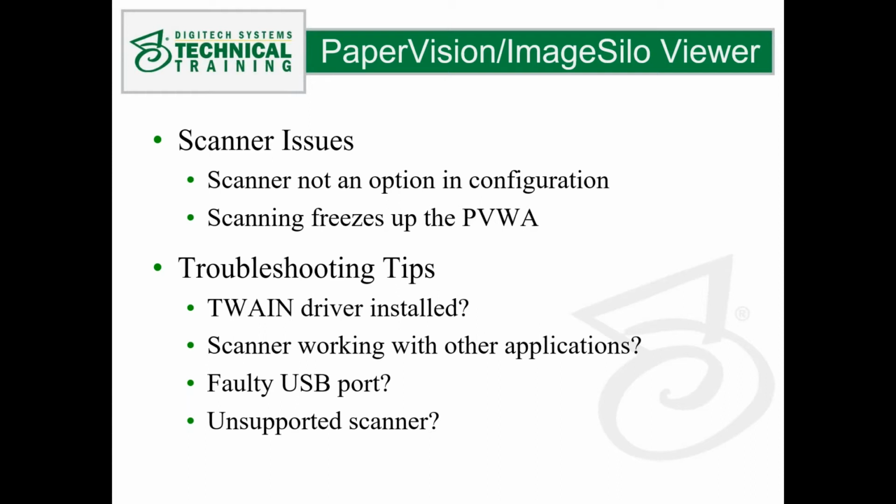So all you would do is look up that model of scanner online, find the drivers for it, make sure just the main driver for the scanner itself is installed properly, as well as the Twain driver alongside it. Usually just installing that, give it a quick reboot, usually fixes the option, and then you can see the scanner when you open up configuration.